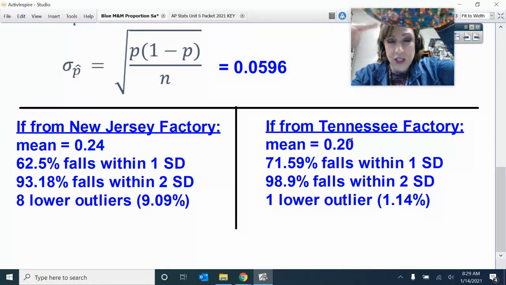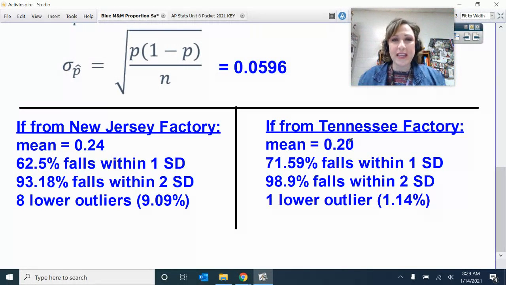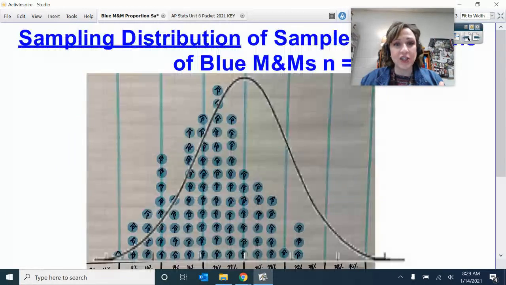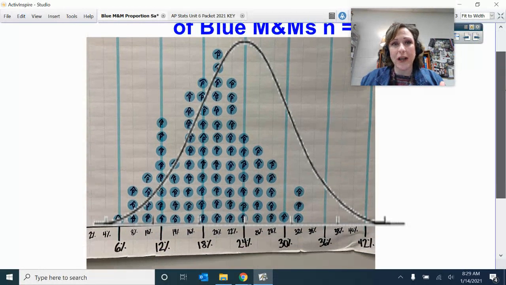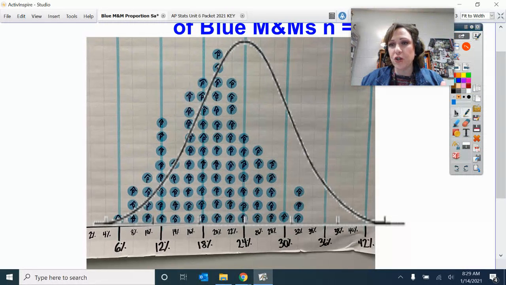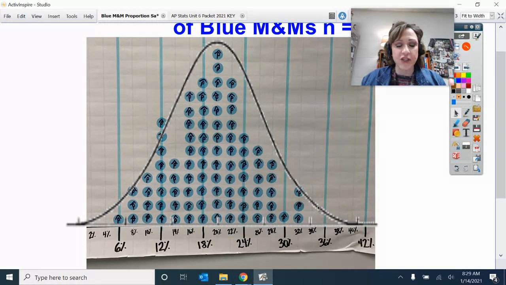Anyway, there is 20% blue beads in that bag. So here we see that the data we collected held true to what actually is in the bag. I just want you to have confidence in statistics. Year after year after year, data falls exactly where it is supposed to.